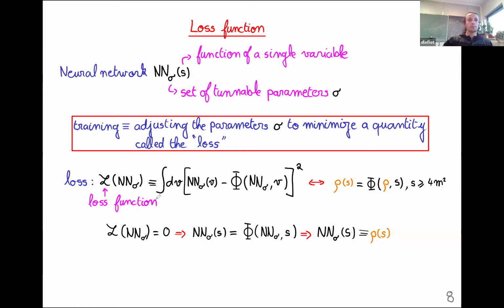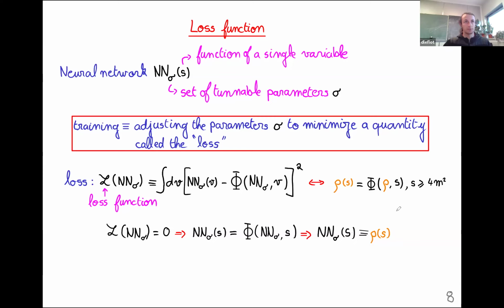For example, we can choose this expression for the loss: the neural network minus phi of the neural network, squared, integrated from 4m squared to infinity. So actually, we are using the unitarity equation and we are minimizing left-hand side minus right-hand side squared.